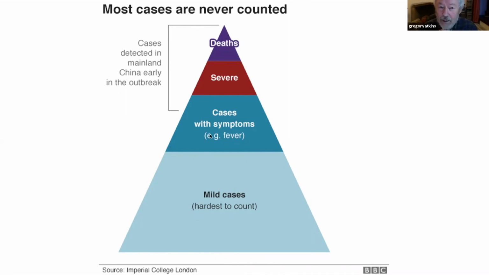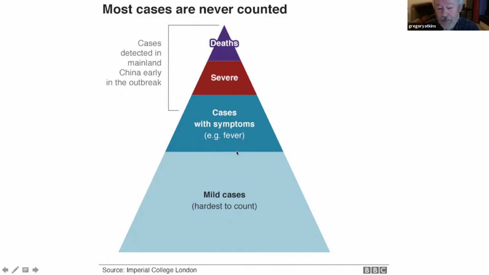This is a peculiarity which I'm going to point out because I think it's quite an important peculiarity. If you look at the way coronavirus cases are counted, they're usually counted according to tests that are done of people who've shown symptoms of the disease. This was done early on in China, and it was done in the UK as well.